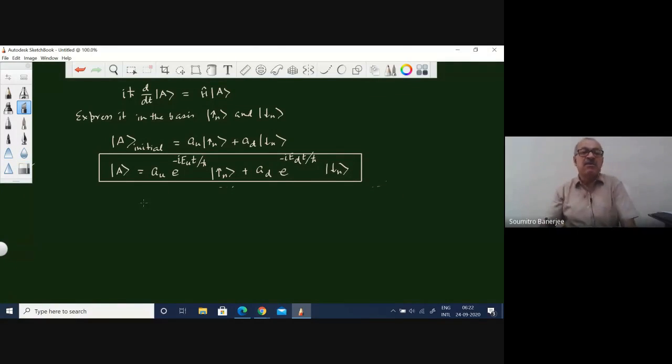So the state, that means the spin state, evolves with time, and the way it evolves is essentially the spin components in the up direction and the down direction change with time, and the way the whole thing evolves is this. So from this you will be able to calculate how the spin evolves.